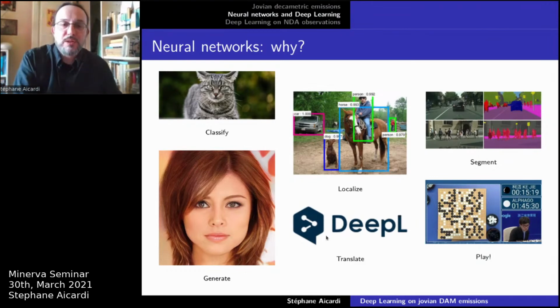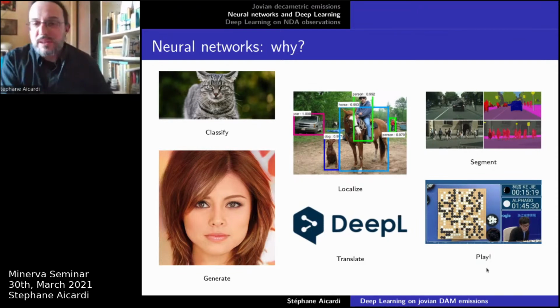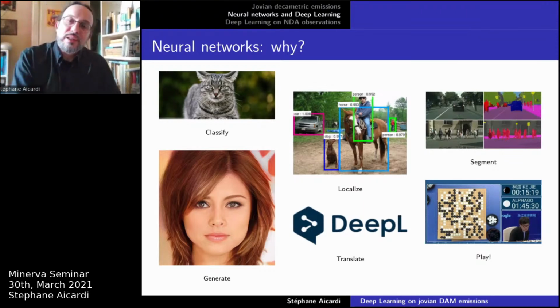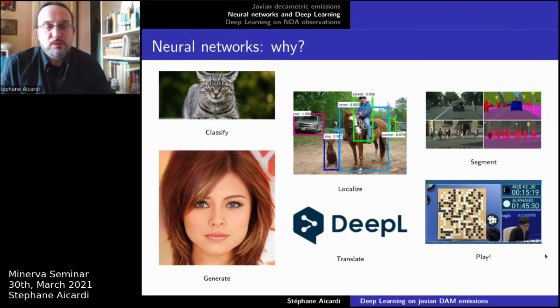There is DeepL, an online service that does exactly this. And networks can also play games and even beat the best human players in the world. Here is the example of Go, where AlphaGo beat the best player in 2016.